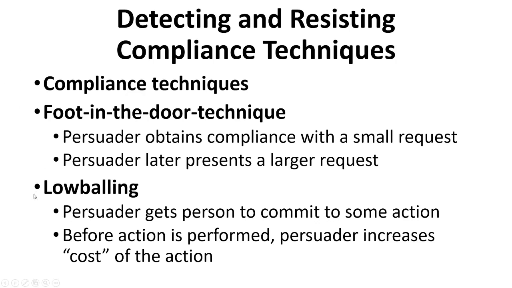And that's kind of related to the next technique, which is called lowballing, which is where the persuader gets you to commit to some action. So you ask them to give you $10 and they say, "Yeah, sure, fine." But before that action is performed, the persuader is going to increase the cost of the action.